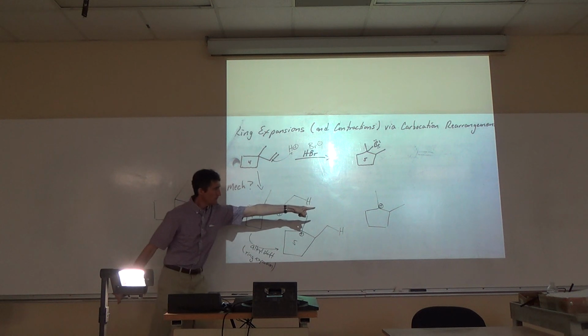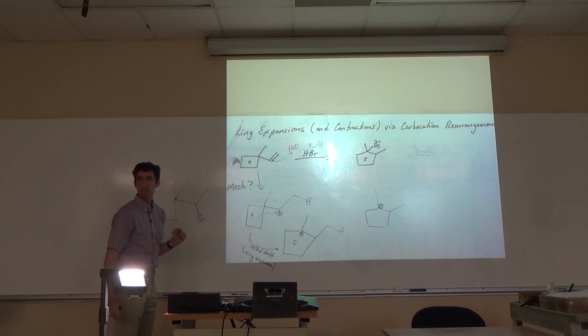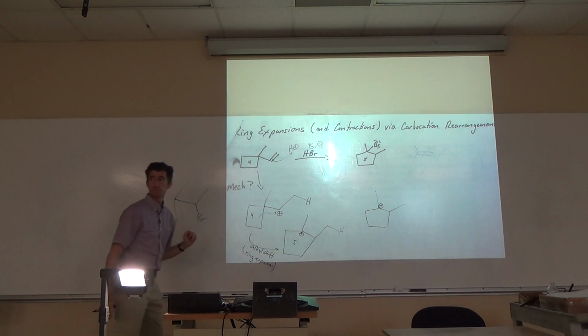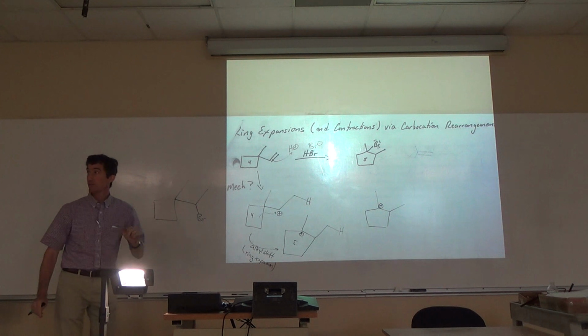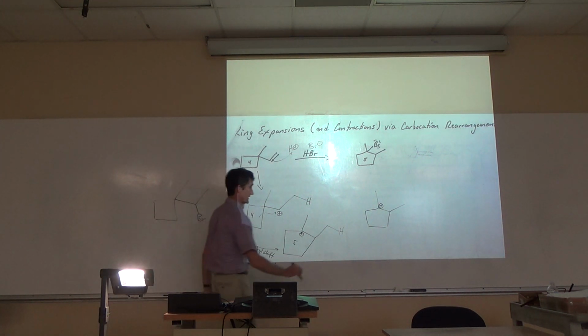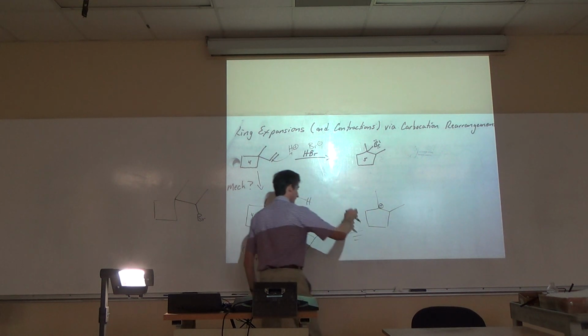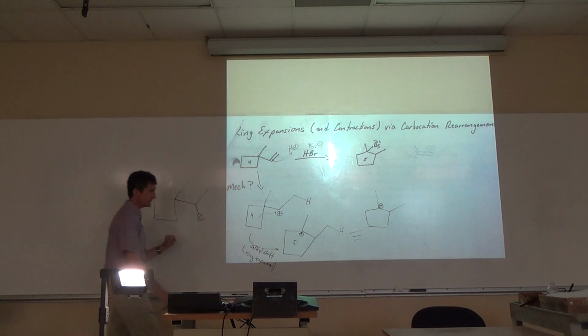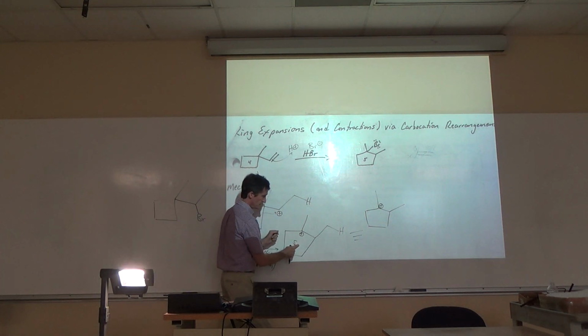Okay, how do we get to the one on the right? How do we get here? We're already there. That is that. Yes, these are equal. Equal sign. That's the same thing, right? It's a 5-membered ring. 2 methyls.